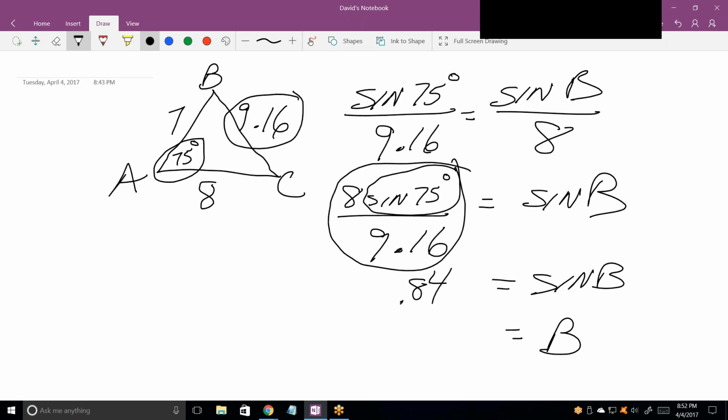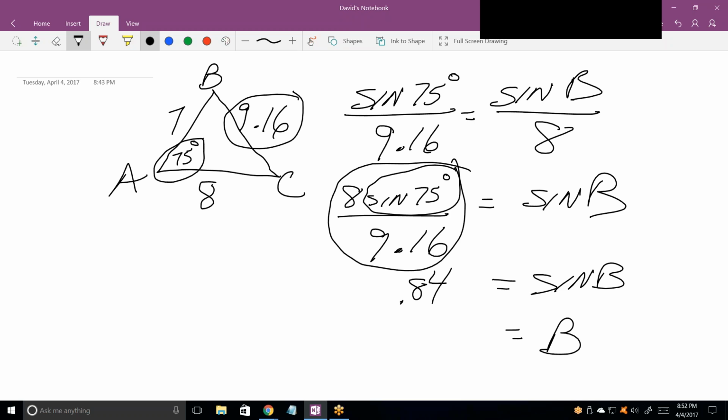We're using law of sines now. Whenever you have a problem that requires you to start with the law of cosines, you necessarily end with the law of sines.